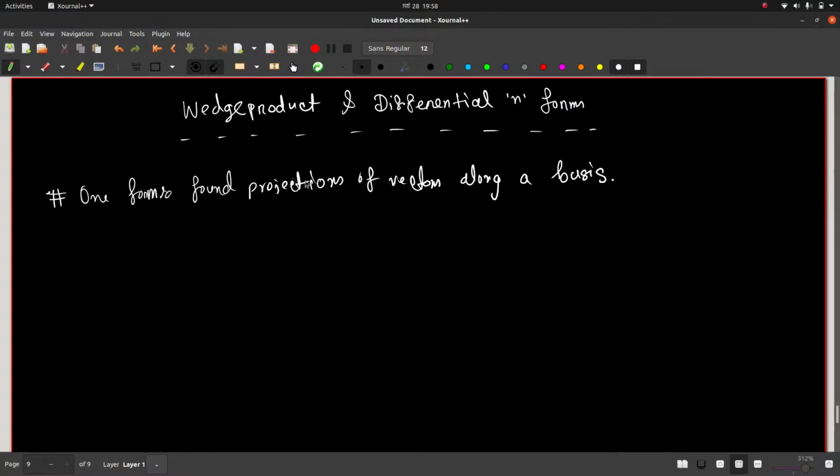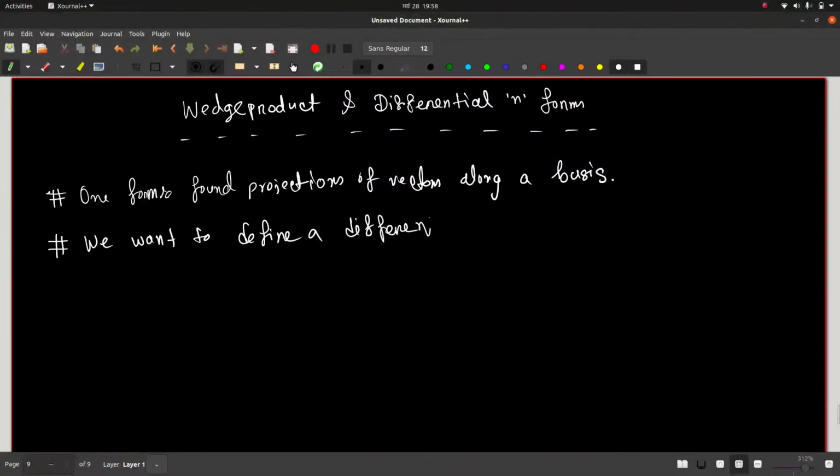So what we want to do right now is that we want to define a differential two form.